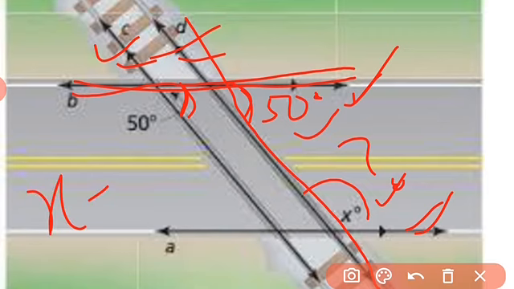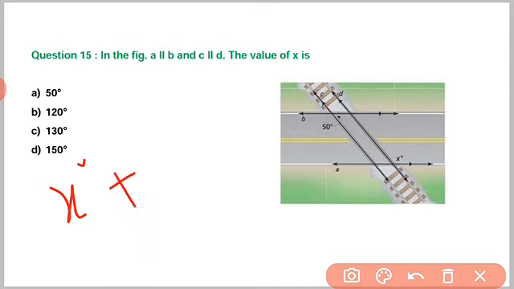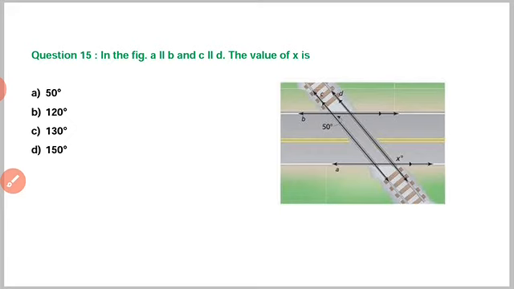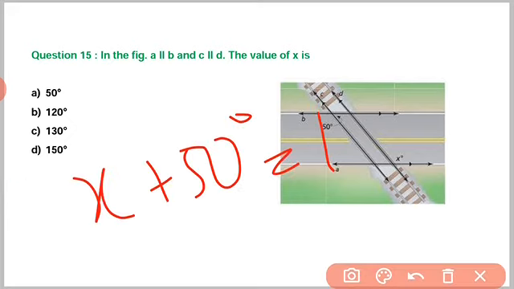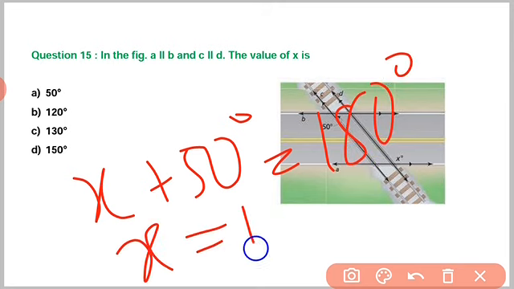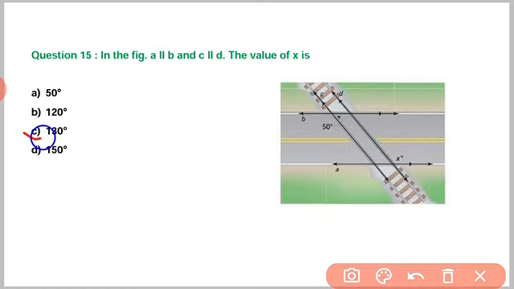So X plus 50 degree will be equal to 180 degree. So how much will be X? It will be equal to 180 degree minus 50 degree, that will be equal to 130 degree. So the answer is C.